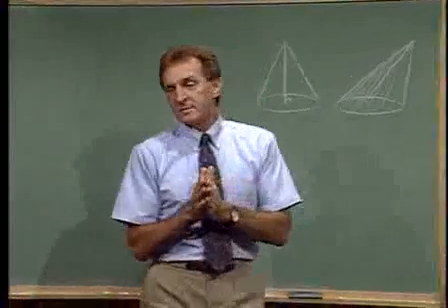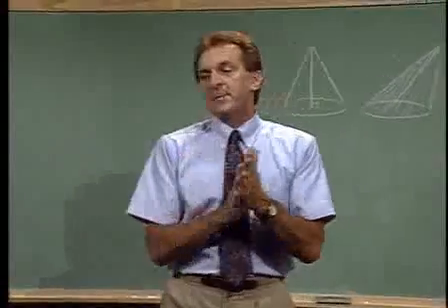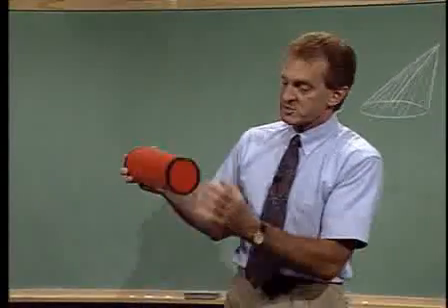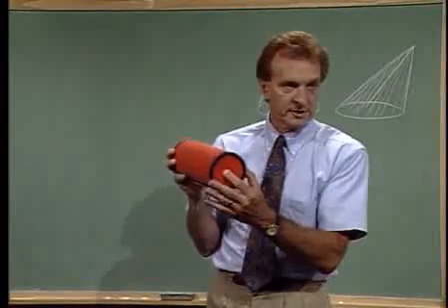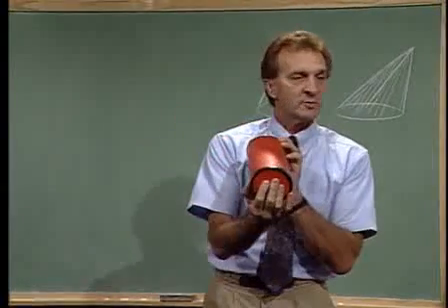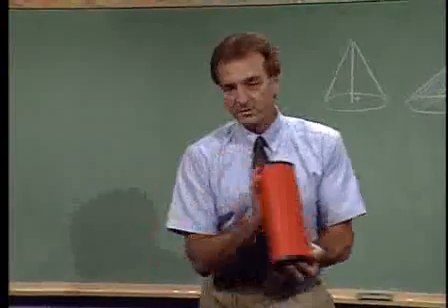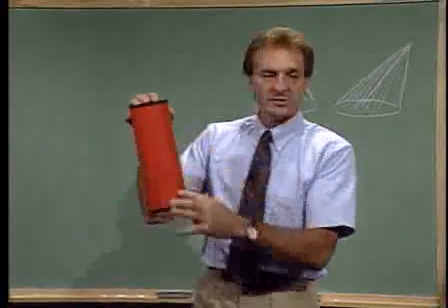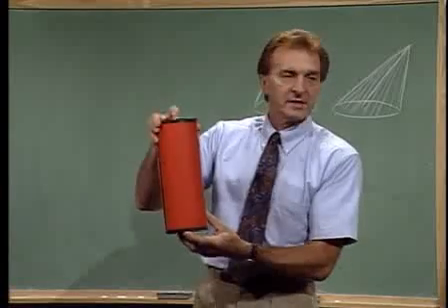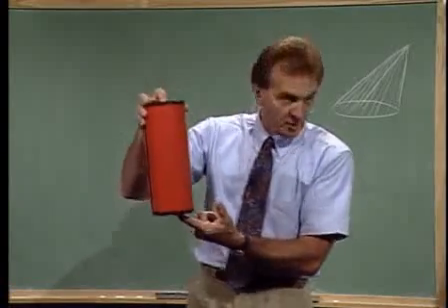Now, let's talk about some of the parts of these figures. A part of a cylinder, we have, of course, the base, which would be this circle here, and then on the other side as well, equal circles in a right circular cylinder. We also have an altitude, which is the measurement from the very top to the very bottom, perpendicular to the base.